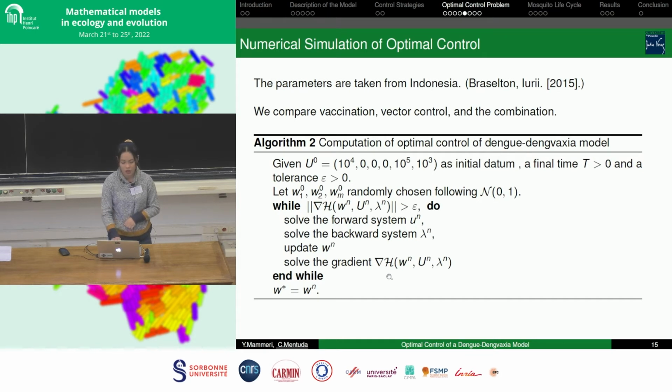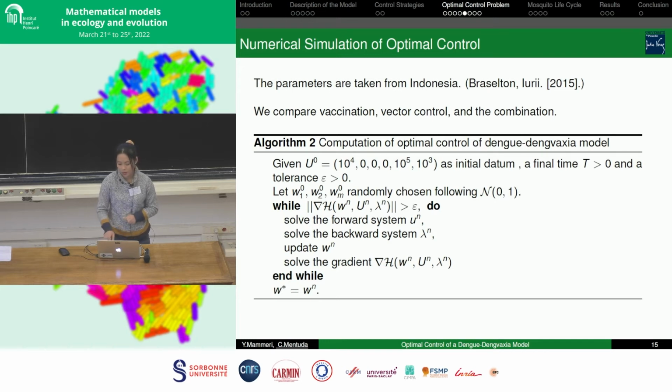So given an initial condition, and we choose our W1, 2, and the WM between 0, 1. So first we get the forward in time from 0 to the final time t. Then we apply the Hamiltonian, final time t to 0. We call it the backward system. And then we update our W sub m.